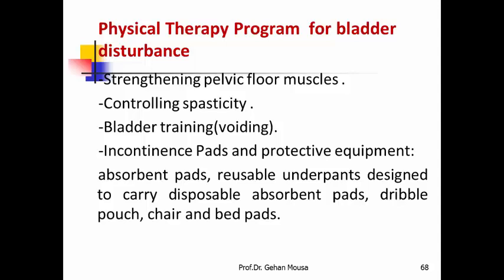If the patient is unable to move well and get to the bathroom quickly because of incontinence, can use a chair and bed pans, and can use a dribbling pouch. All of this helps the patient psychologically to be self-confident and prevents the effect of bladder disturbance from leaving the patient isolated.